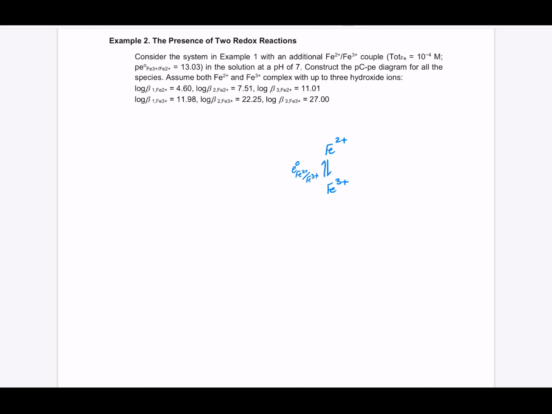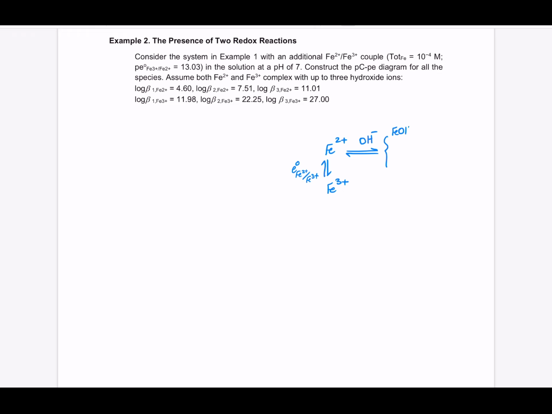Now we know each of these can also participate in a complexation reaction. In the previous chapter, I normally went with this arrow, but as you know, this is basically also an equilibrium, so let's just go with equilibrium. With hydroxide as the complexing agent, and we know that proceeds up to 4.